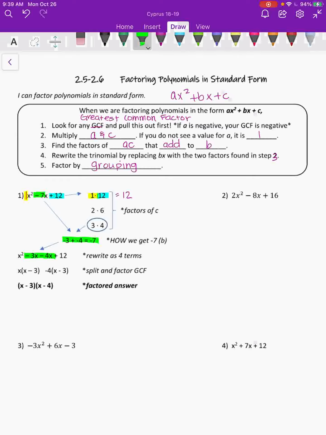Okay, so that was step 4. And now step 5 is to finish by factoring with grouping. So we factor out our greatest common factor and split it up, and then we have our factored answer, our final answer there at the bottom.